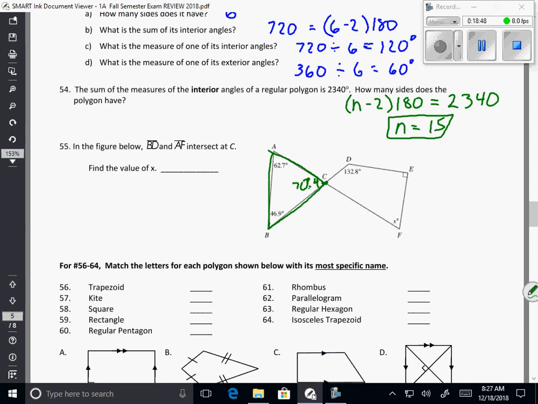And since these two are going to be congruent, I can just transfer that over for this angle as well. So I have a 70.4, I have 132.8, and I have a 90. If I add those three up and subtract that from 360, which is the total for a quadrilateral, I get that x value has to be 66.8 to give me exactly 360 degrees within that quadrilateral.